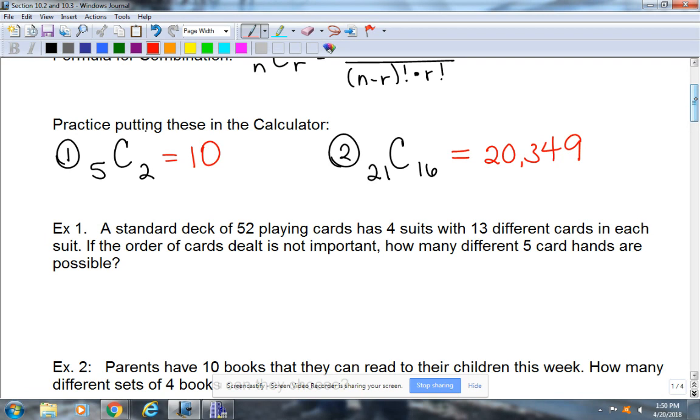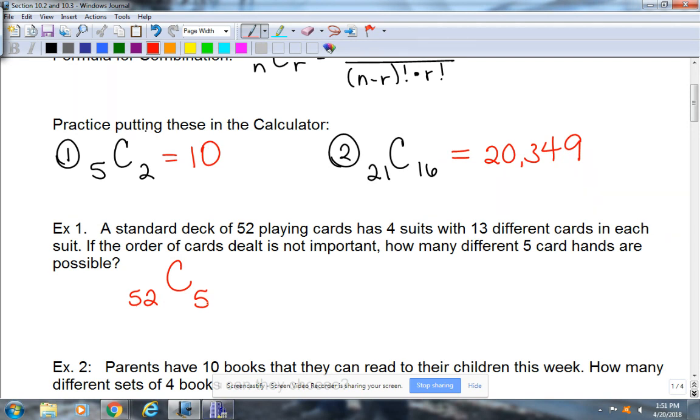Okay? So how many total cards do we have? 52. It's not divided. All you have to do is there is your total, goes on the left. How many cards you're choosing goes on the right. Does that make sense? So you're going to type in 52C5 in your calculator. So the total goes on the left.